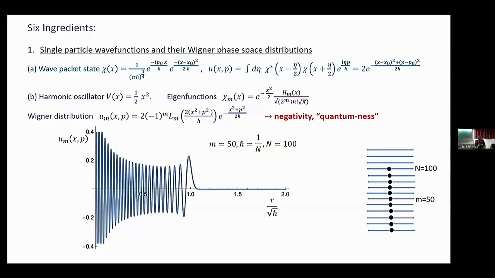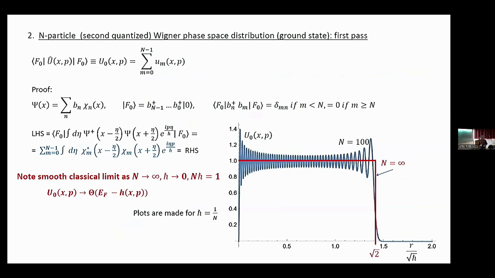Okay. So, however, when you take the n particle Wigner phase space distribution, that is to say, take the second quantized Wigner phase space distribution and take an expectation value in an n particle state, you can show that this becomes a sum of the single particle Wigner phase space distributions over the occupied states.